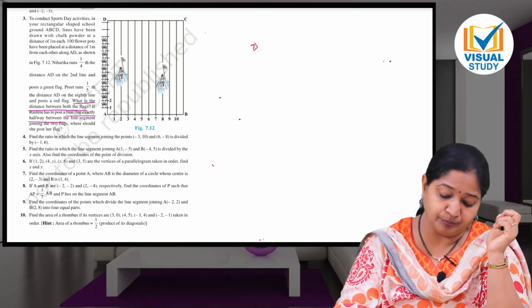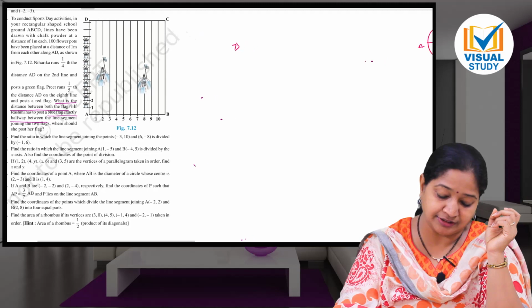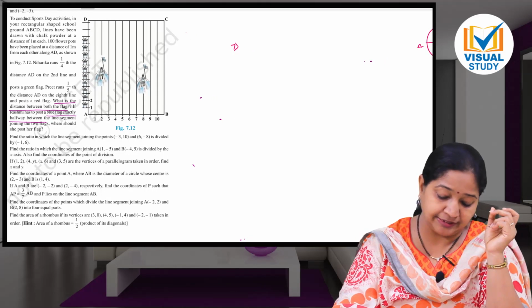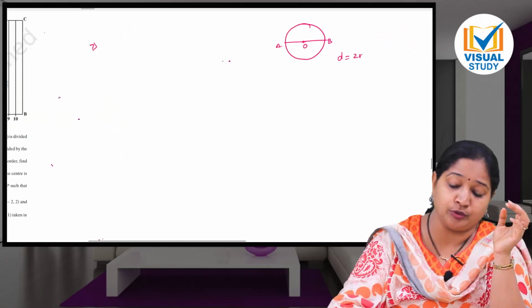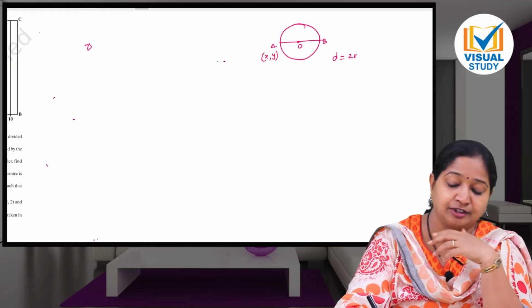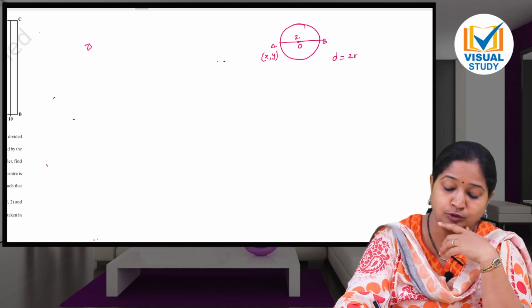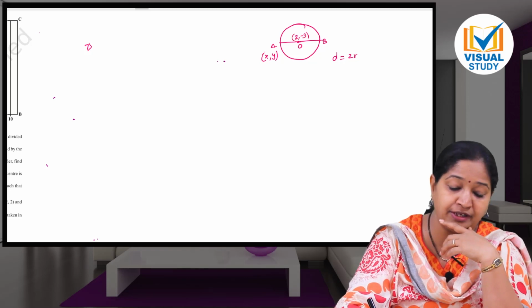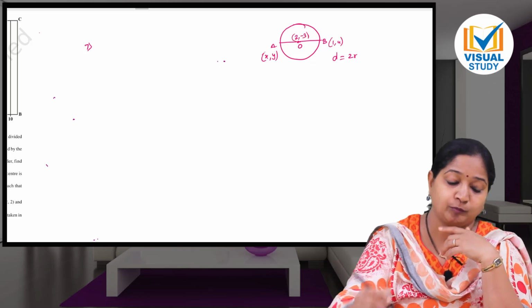They have given us the center point and the B point, so the A point we have to find out, that is (x, y). O is (2, -3) and B is (1, 4).